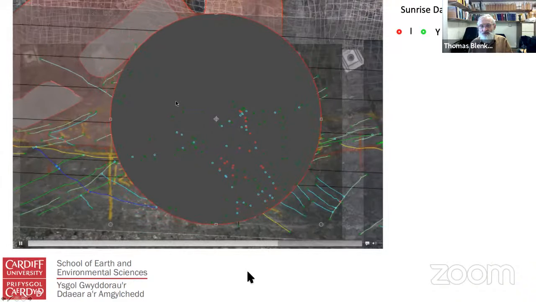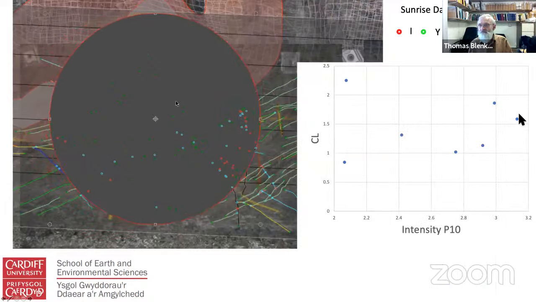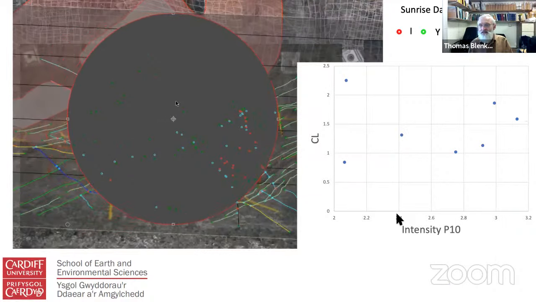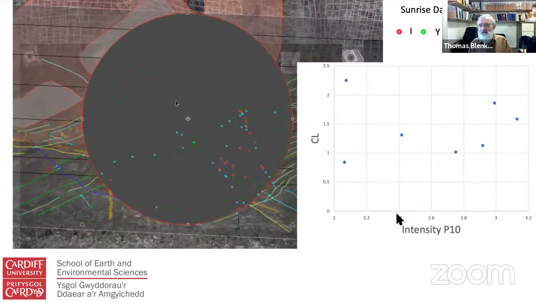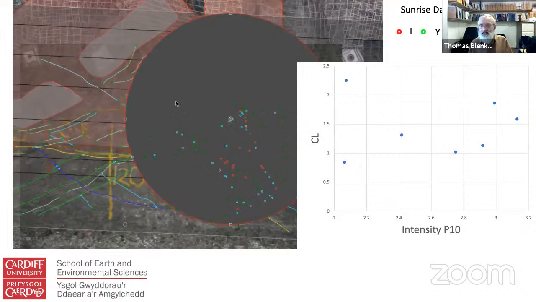So that is what is shown in this graph here, in which we're plotting the connectivity against the intensity. And what is interesting about that result is that there's no obvious relationship. And this bears out what I was saying earlier, that you need both the connectivity and the intensity measures to fully characterize the network. Well, again, is this really of any practical use?